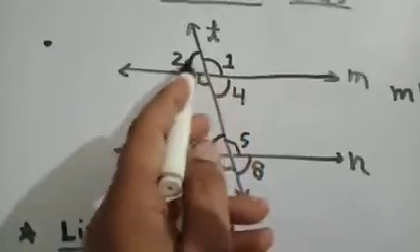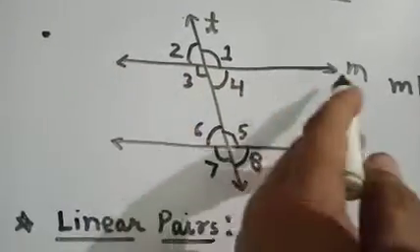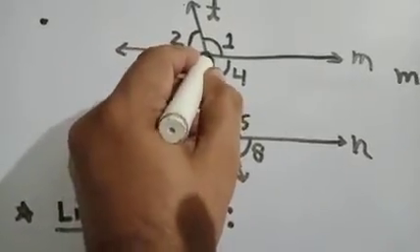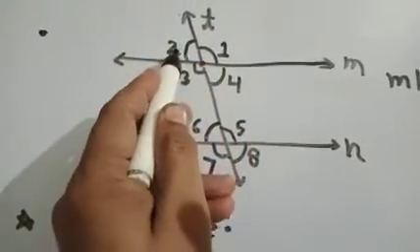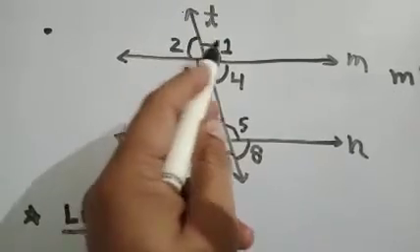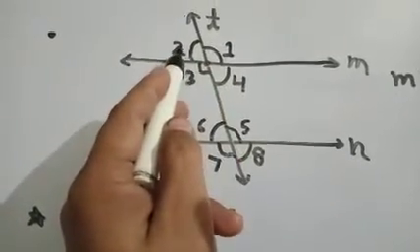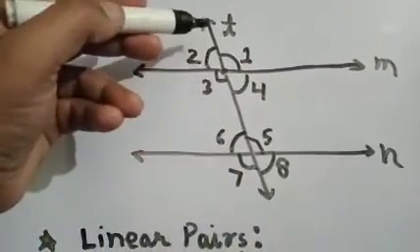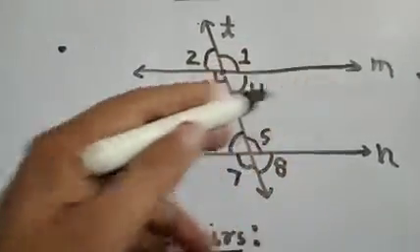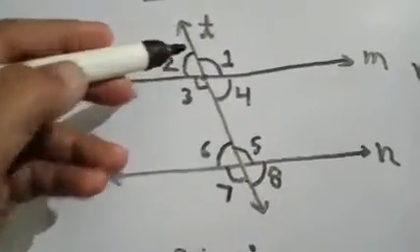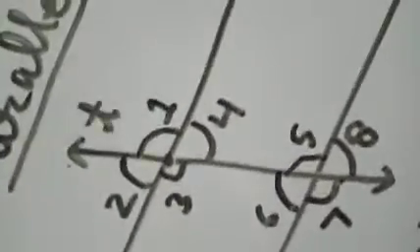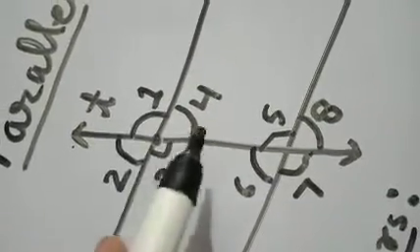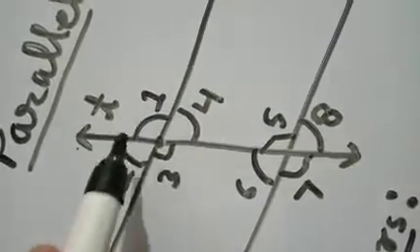So angle 1 and 2 both are on the straight line M made by the transversal at this point. Angle 1 plus angle 2 becomes 180 degrees. So such angles are said to be a linear pair. Similarly, if we take T as a straight line and M as the transversal, angle 1 and angle 4 also lie on a straight path and make 180 degrees.